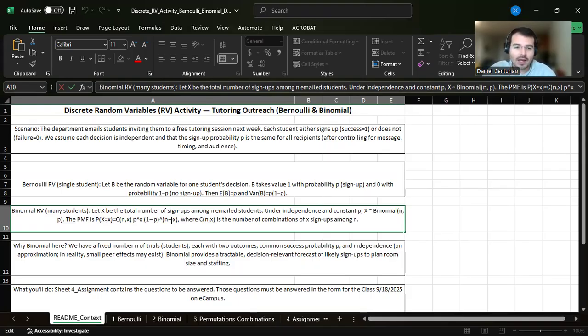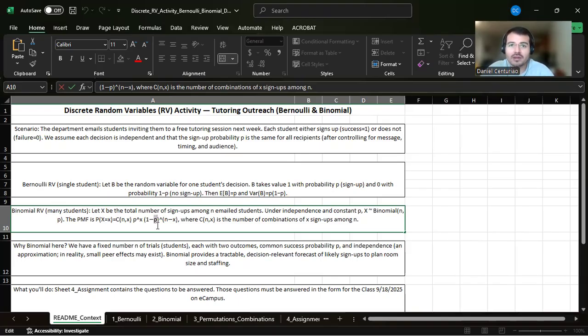I think the most important parameter here is the probability associated to each individual to sign up. How do we know that? We know that from previous events, for example. That's how we define that.